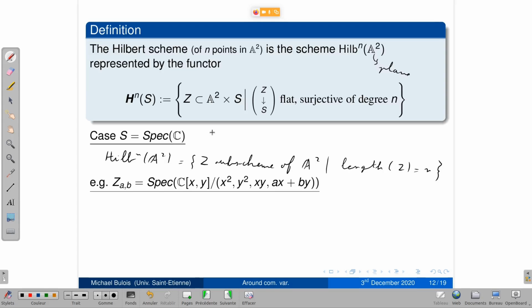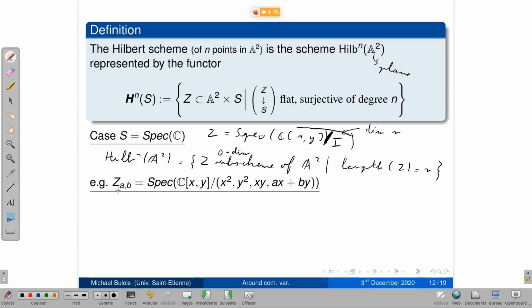Here a subscheme of A2 means that Z is the spec of C[x,y] modulo an ideal, and this quotient must be of dimension n. So those are zero-dimensional schemes. For instance, if you take n reduced points in the plane, this is an element of the Hilbert scheme.